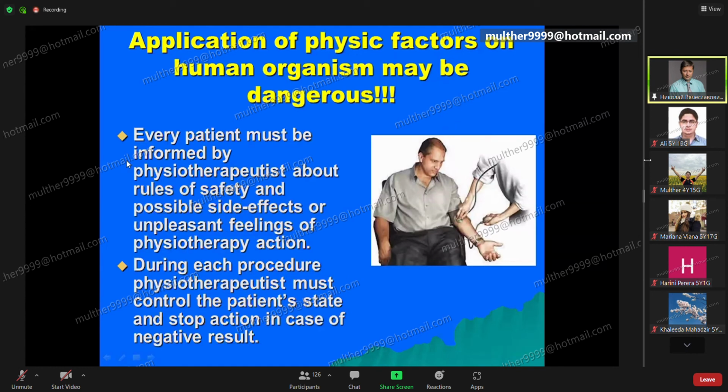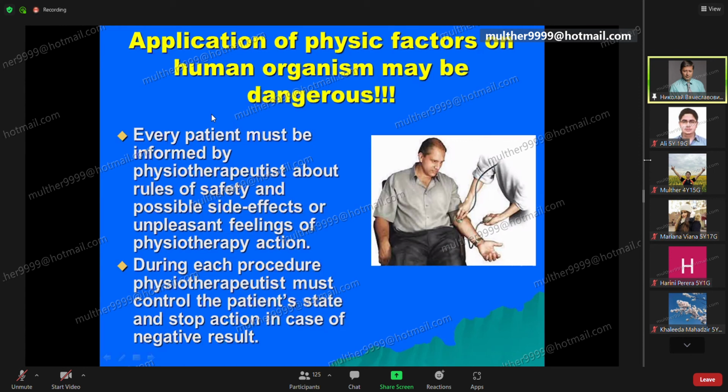Of course, you have to understand that application of different physical factors on the human organism may be dangerous. So accept safety precautions before the procedure. We should inform the patient about the rules of safety and possible side effects or unpleasant feelings during a physiotherapy procedure.